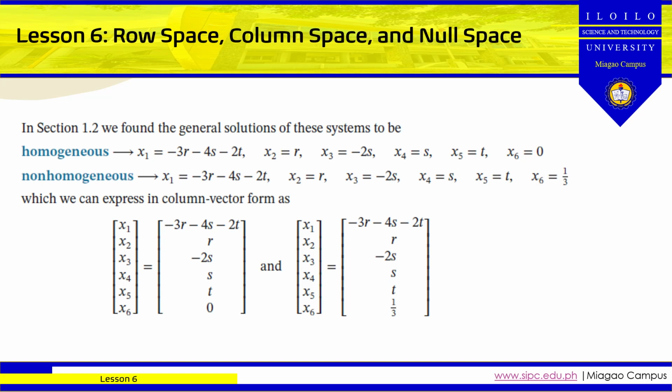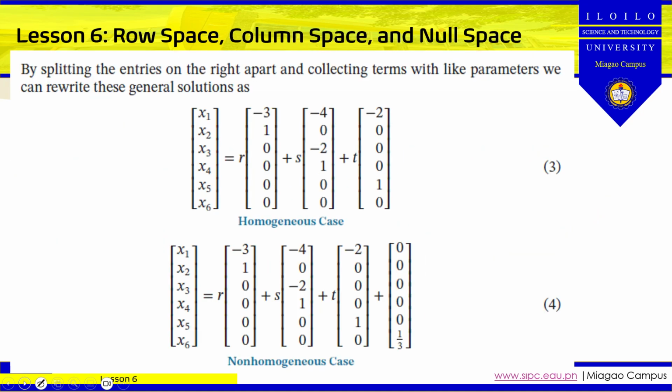So you could see here, this is the representation of the homogeneous system, and for the non-homogeneous system we have this representation in column vector form. This is called column vector form.